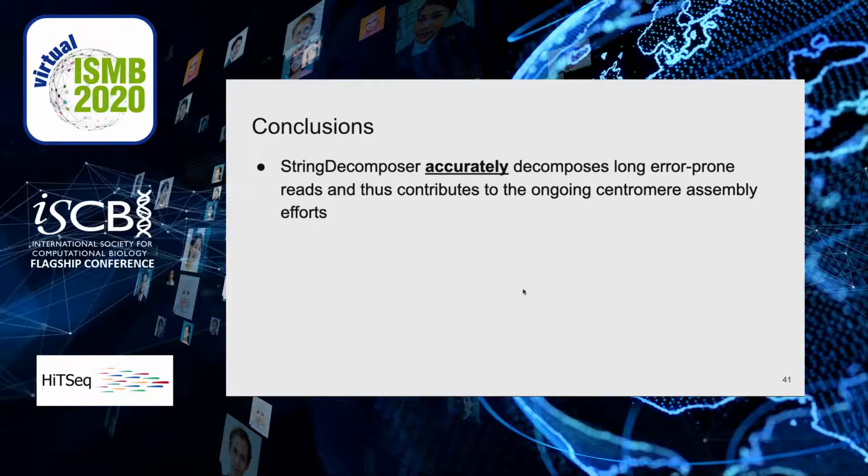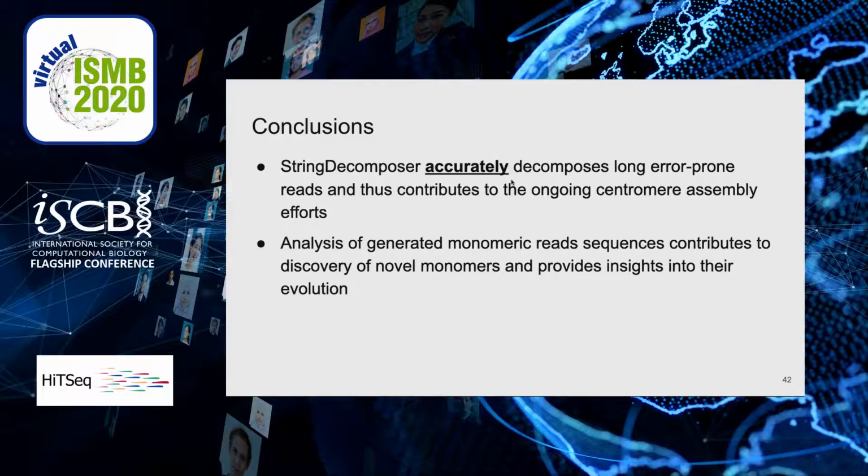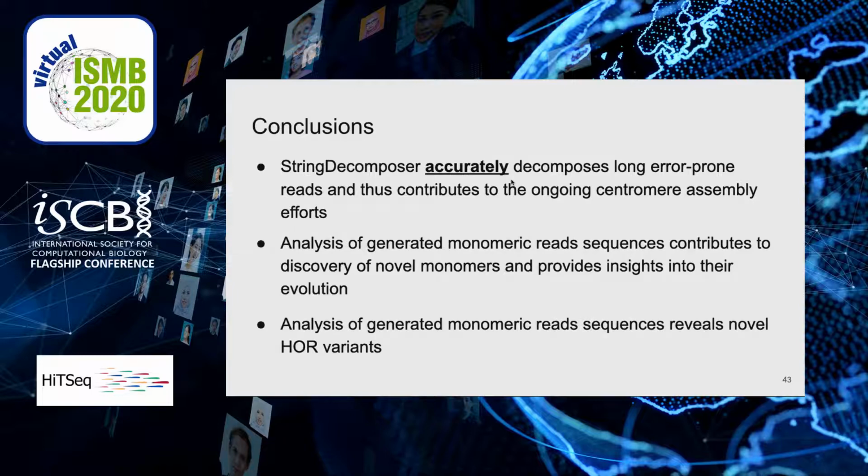String Decomposer is able to accurately decompose long error-prone reads into monomers, which is useful in assembly applications. Monomeric sequences obtained from String Decomposer are very important for centromere evolution studies like discovery of new monomers and HR variance extraction.